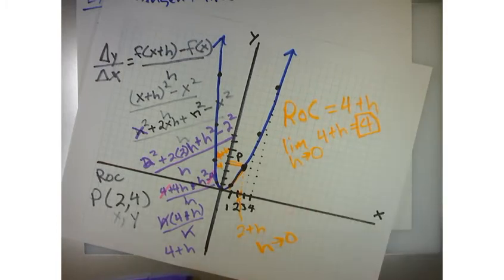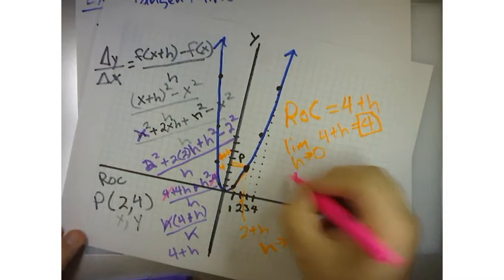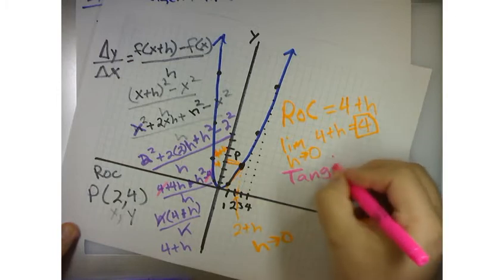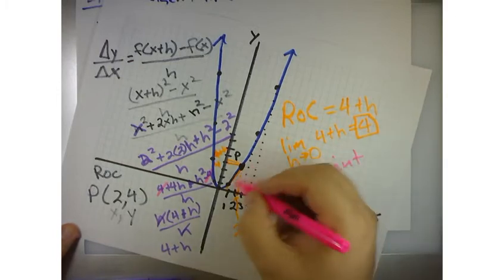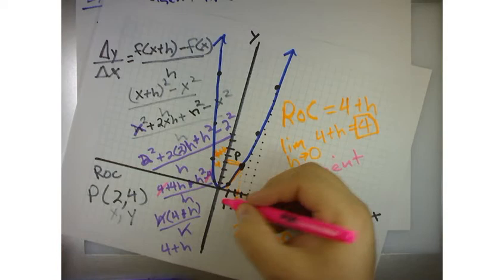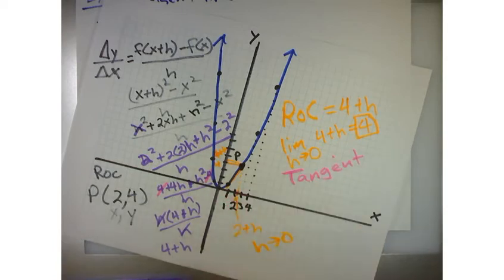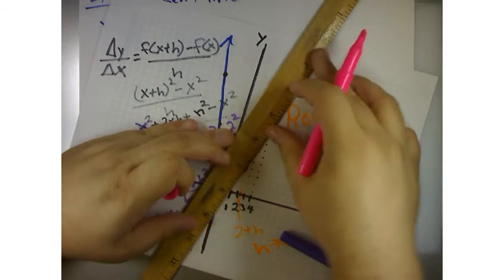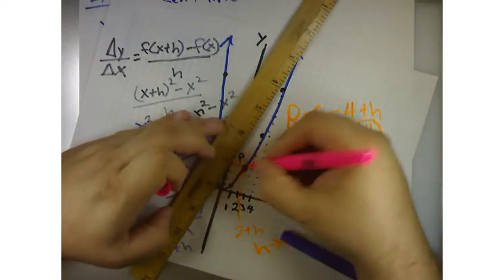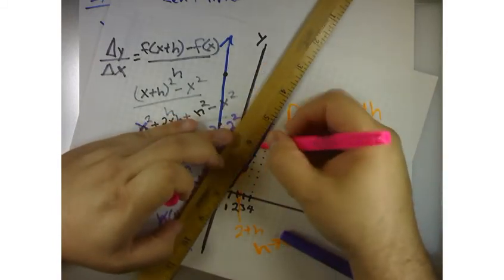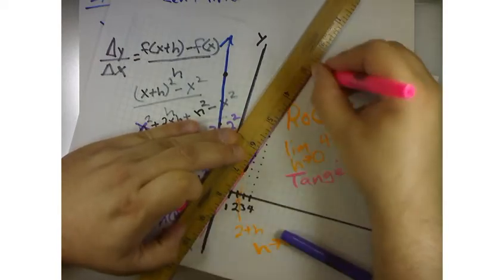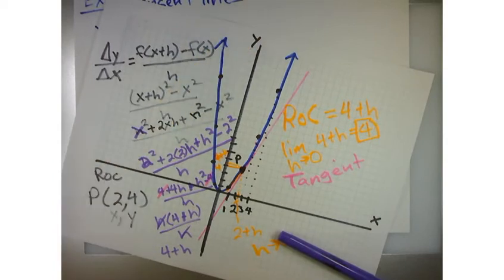So if I were to write a tangent line, my tangent line is going to be a straight line touching the curve. And it will look like this. It touches at only one point on the curve.